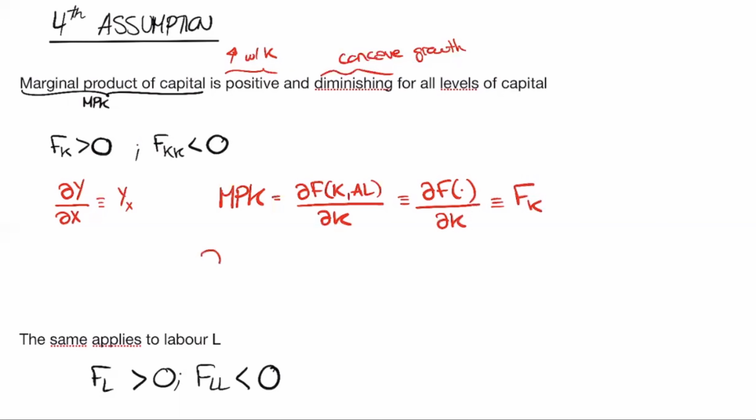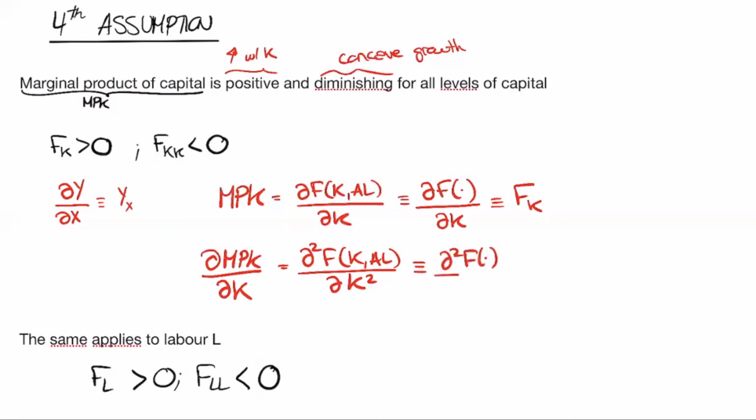And now if we take the derivative of MPK with respect to K, it is the equivalent of taking the second derivative of the production function with respect to K squared. So we have this now, and this is equivalent to F_KK. All right. So that's just for you to have the mathematical expression clear.